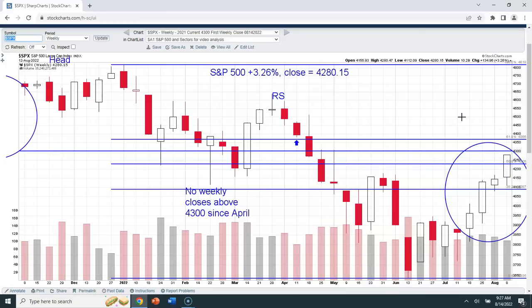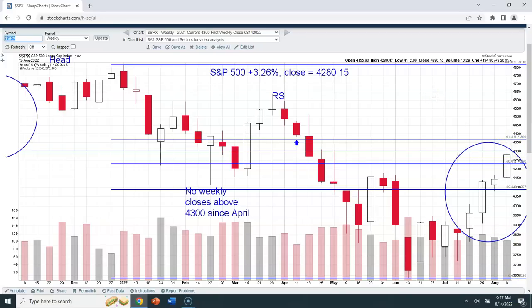Tons of Fibonacci numbers out there, but these are the main ones to worry about for technical analysis. But now that we've retraced a little bit more than 50% of the downturn, it would not be uncommon at all for the market to stall, roll over, and go even lower. That is a complete possibility.